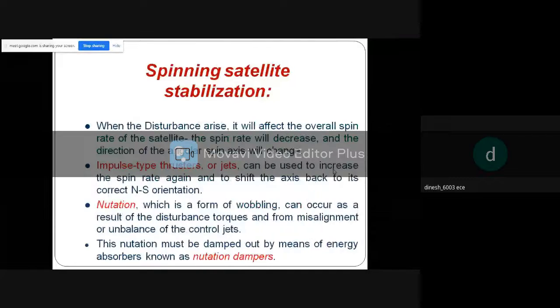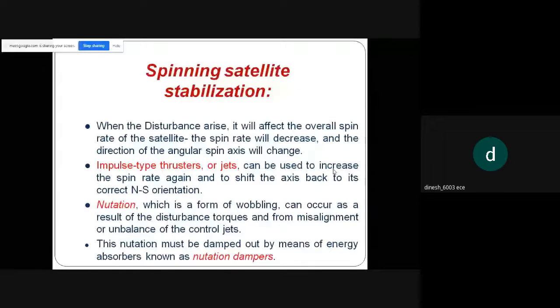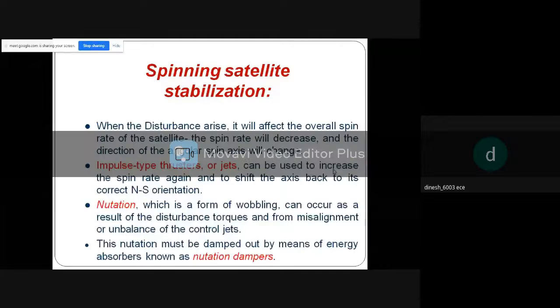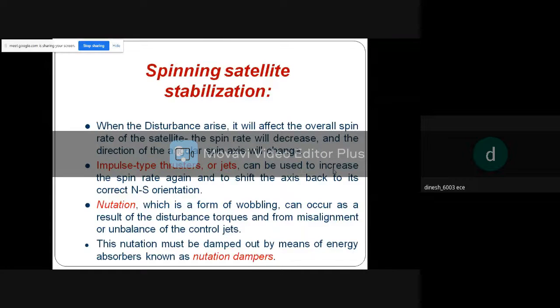So in spinning satellite stabilization, when disturbances arise, they affect the overall spin rate of the satellite and tend to make the spin rate decrease, and the direction of the angular spin axis will change. Impulse type thrusters or small gas jets can be used to increase the spin rate again and to shift the axis back to its correct north-south orientation.